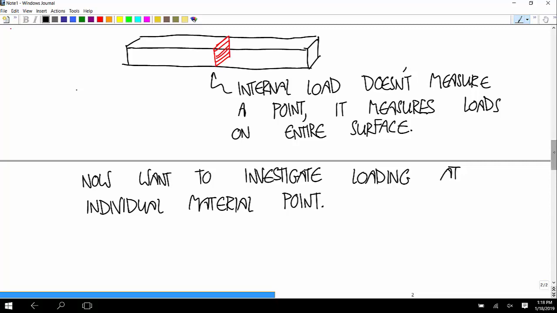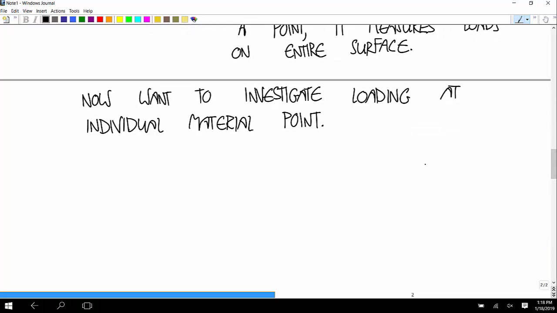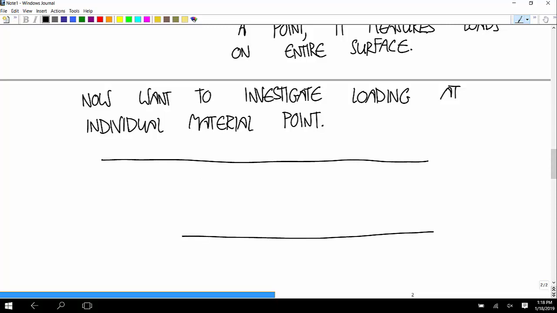Okay. So let's say this is the beam. And let's choose some small finite cube of material inside this beam.